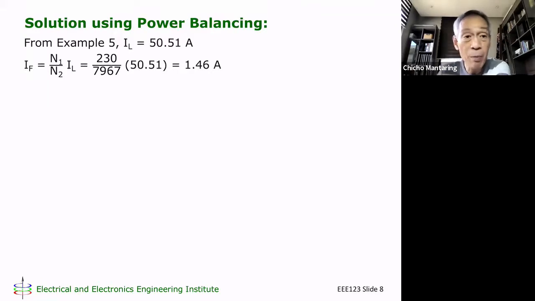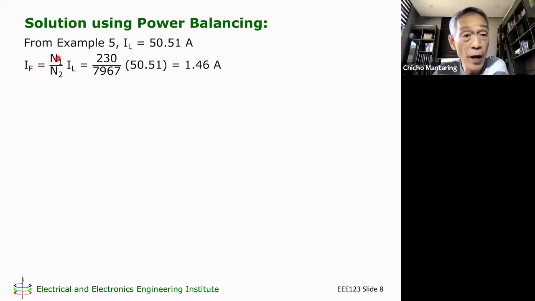From the previous example, example 5, I already computed I of L, which is 50.51. From the current relationship in transformer 2, I can compute the current in the feeder line.